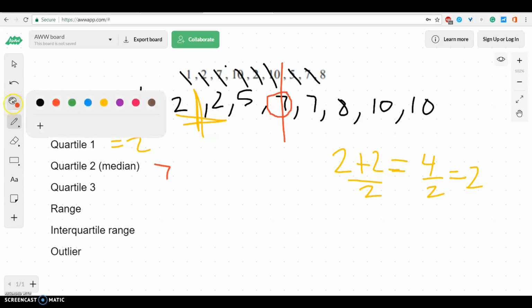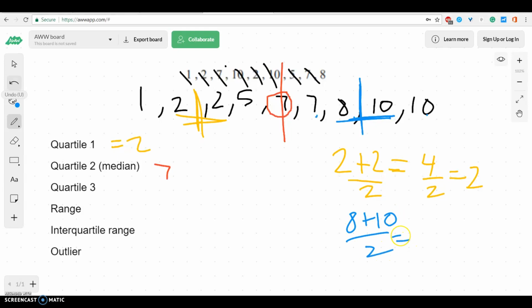We do the same thing for this top portion. We count 1, 2, 3, 4. Again, we have this halfway point right here, which we have to find. We would do 8 plus 10 divided by 2 to find the average. That'd be 18 over 2, which simplifies to be 9. Again, we can find the range of our data set, which is how wide your data set is.